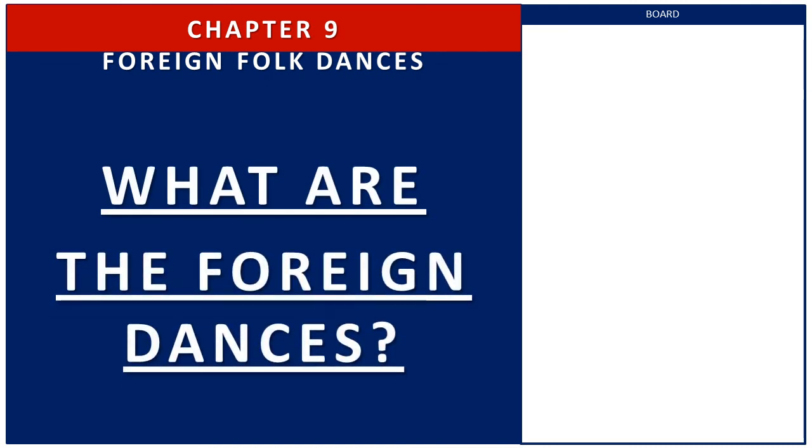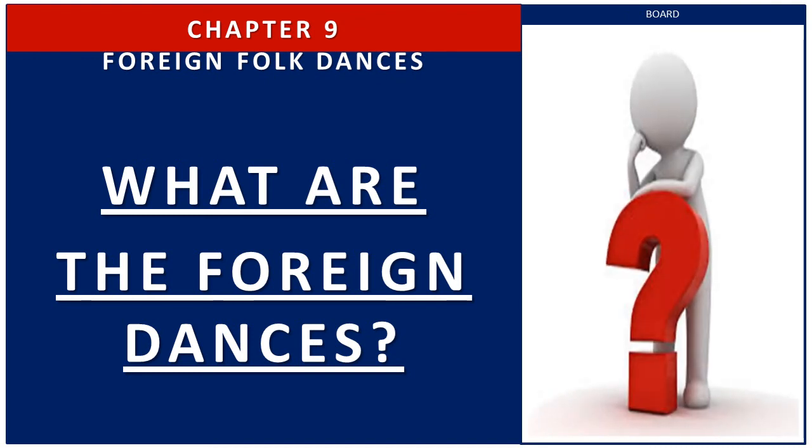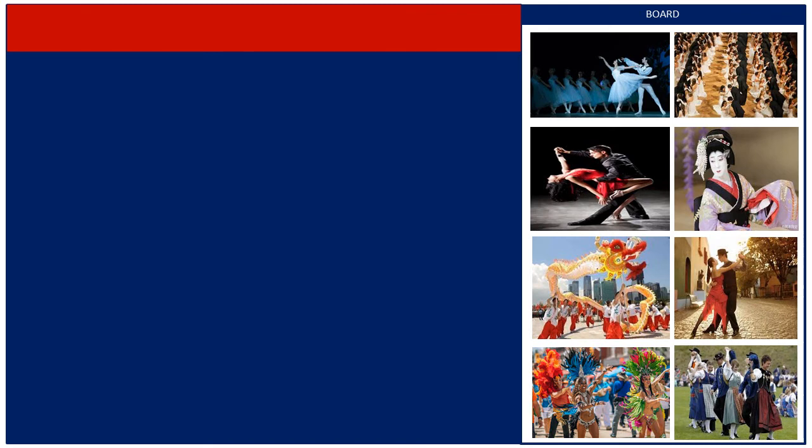So what do you think are the foreign dances? Let me give you some examples. As you can see in our given example pictures, they are all examples of foreign dances.